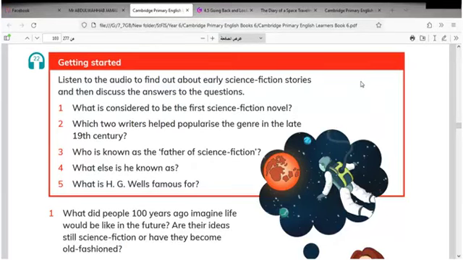Later in the 19th century, two writers had a big effect on the genre. Jules Verne wrote several extremely popular scientific adventure novels. He is often called the father of science fiction, and because he made his living out of his books, he was regarded as the world's first full-time science fiction novelist.